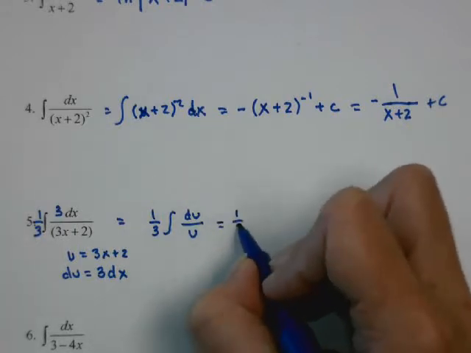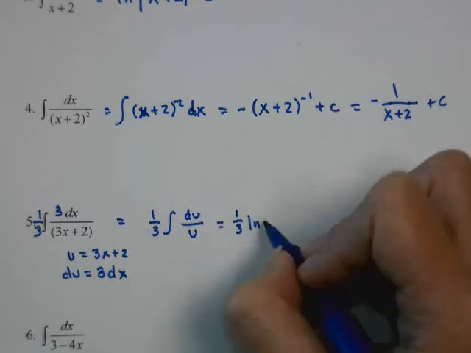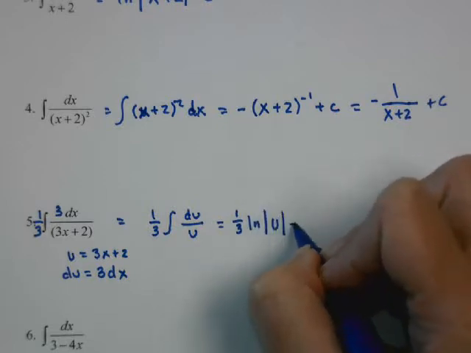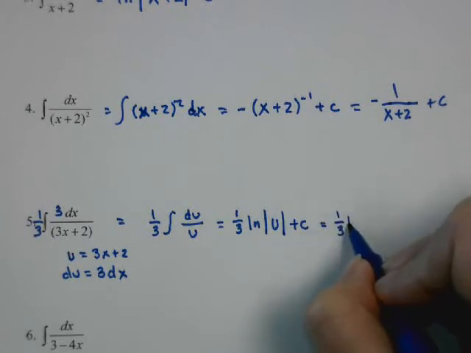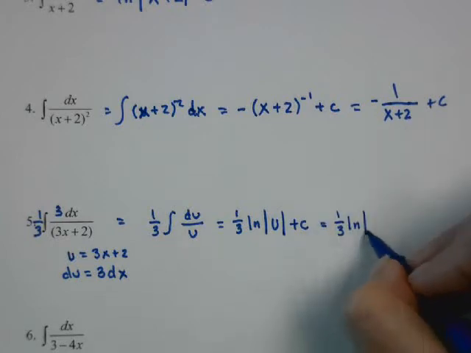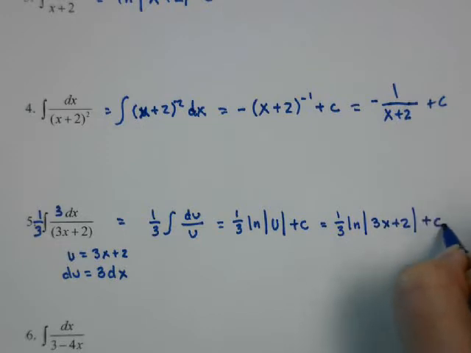So this is 1/3 times the natural log of the absolute value of u plus c, which is 1/3 times the natural log, the absolute value of 3x plus 2, plus c.